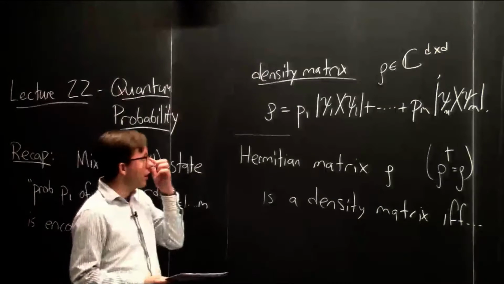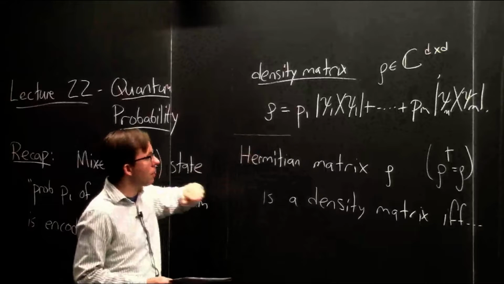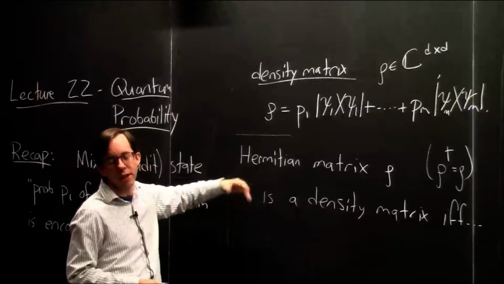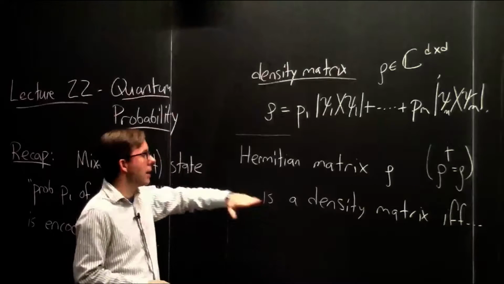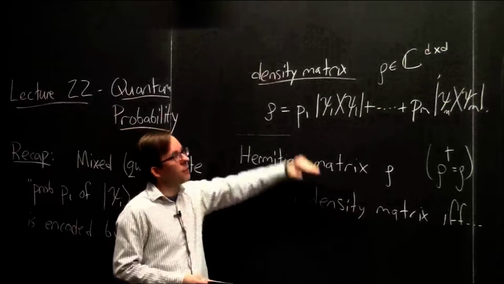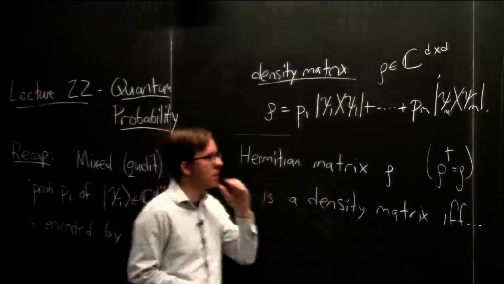Right. So these density matrices have various properties. First of all, they're Hermitian, which is the complex analog of symmetric. And a Hermitian matrix is a density matrix, of this form, if and only if two conditions hold.